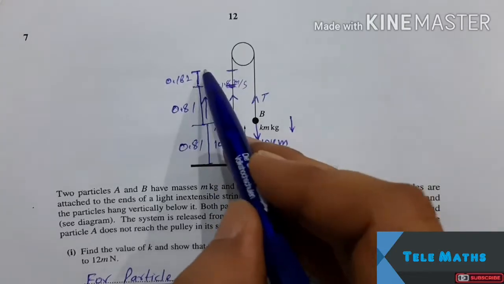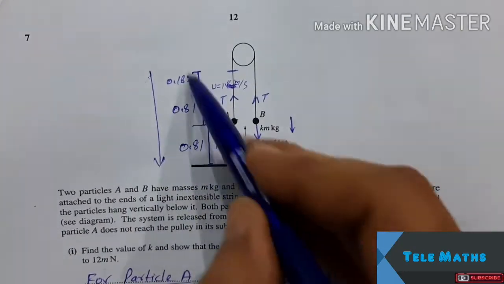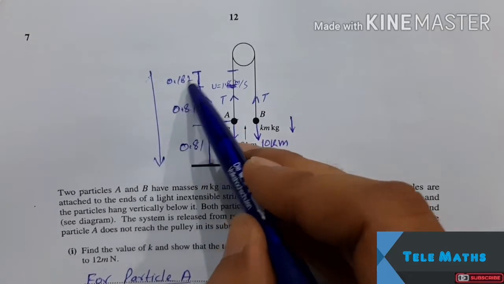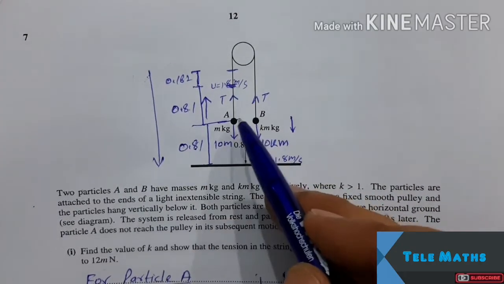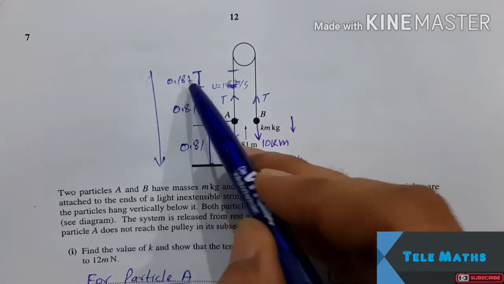So when the particle A starts moving downwards, it will cover the whole distance 0.81 plus 0.81 plus 0.162. That is the downward distance covered by A. So the last small portion is the 0.162.